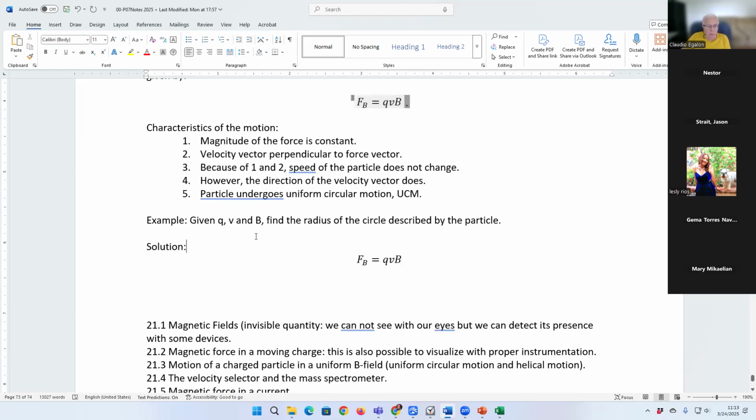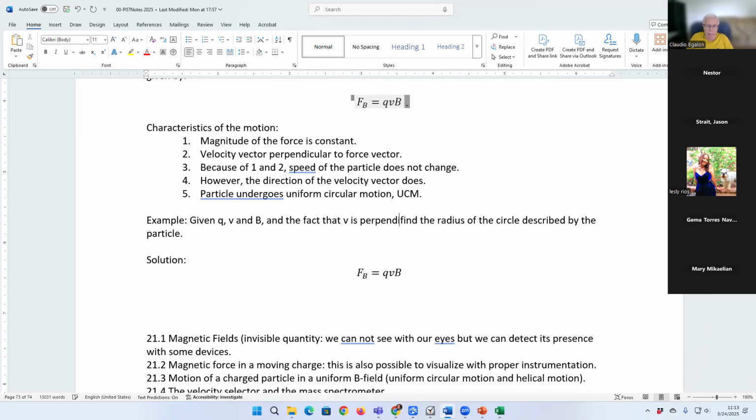Given Q, V, and B, and the fact that V is perpendicular to B, find the radius of the circle described by the particle. We can solve this simple example.